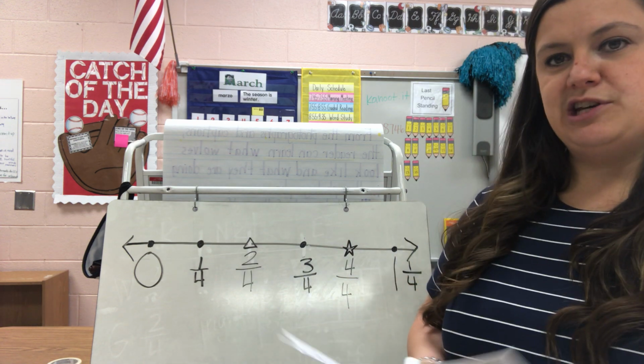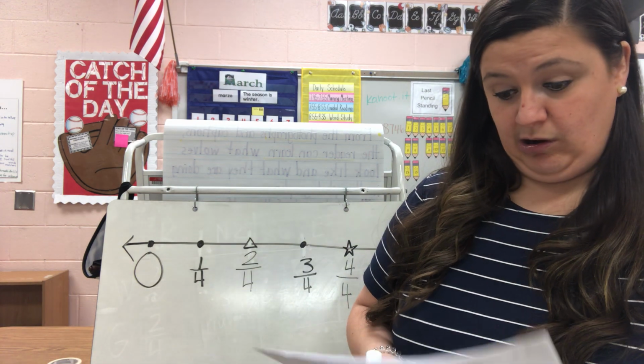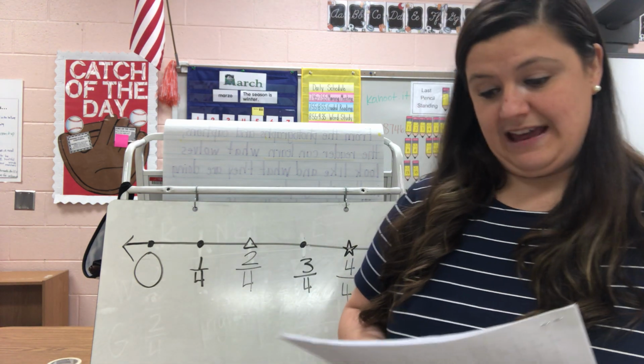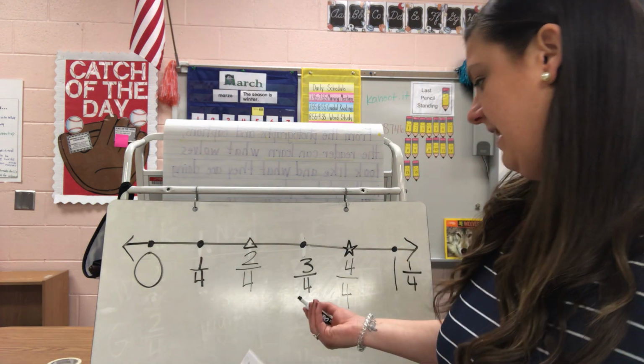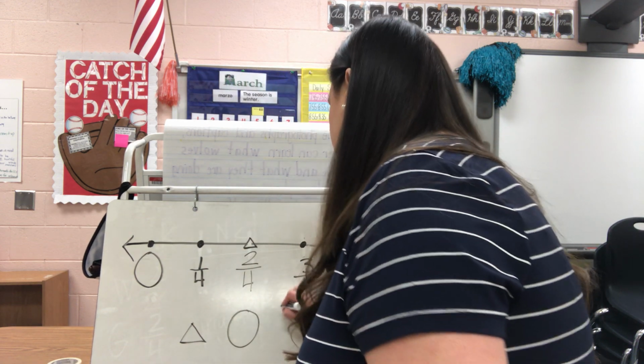Now let's read part 2. Lily and Sam need to use the number line to solve this problem. Is the triangle greater than or less than 3/4? So what we're trying to solve, triangle compared to 3/4.